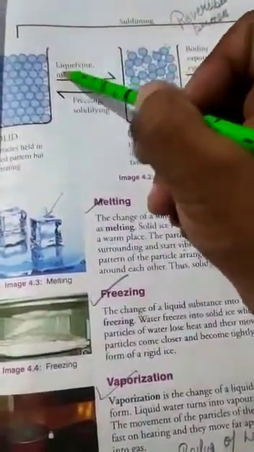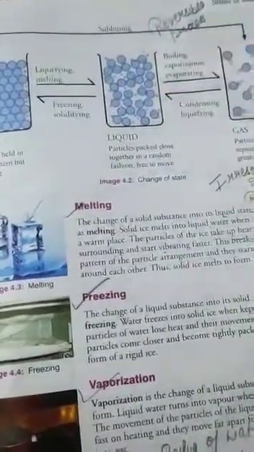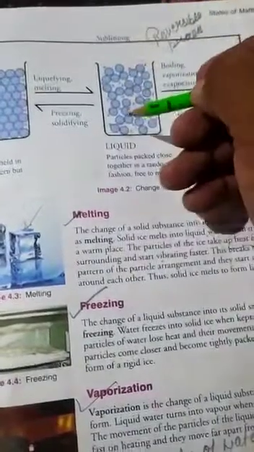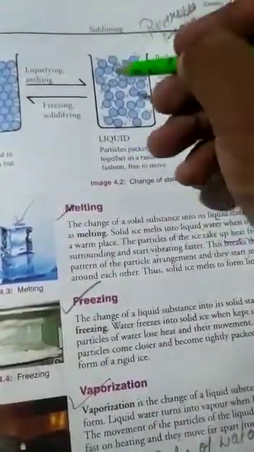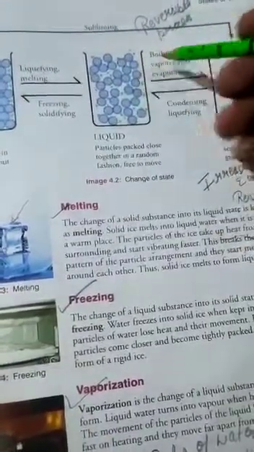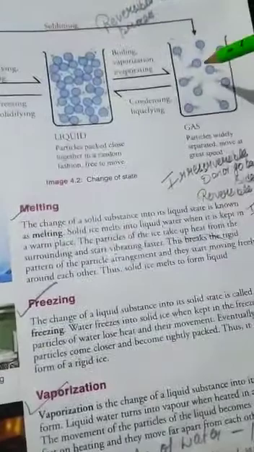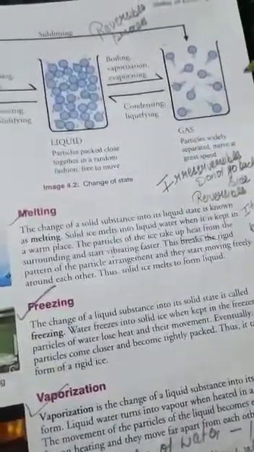Now when we melt it, it changes into liquid. The best example is water. After that, the particles are packed close together in a random fashion, free to move, because in liquid there is a little space between the particles. After that, when we evaporate, it changes into the gaseous state, and the particles are widely separated and move at great speed.